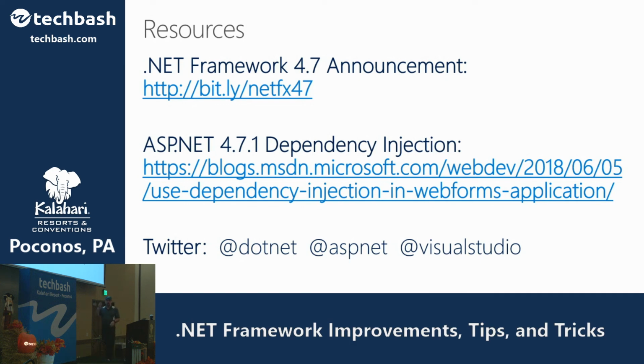So, .NET Framework 4.7 announcement. You can find out more about what features were added in .NET Framework 4.7, bit.ly/netfx 4.7. ASP.NET 4.7.1 dependency injection. There's a blog post out there that'll show you exactly how to do that. Blogs, msdn.microsoft.com. Search for it. You'll find it'll be easier than copying that whole thing down.